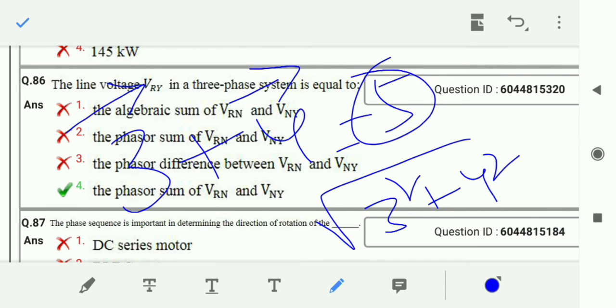If you add 3 and 4 vectorially, that is the phasor addition. Vector addition and phasor addition are the same, sir. So vector or phasor addition is different from the algebraic or arithmetic sum.